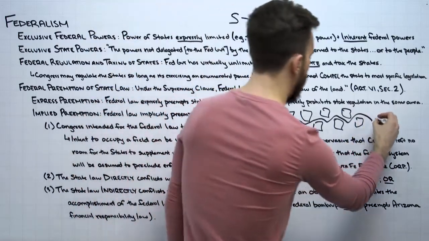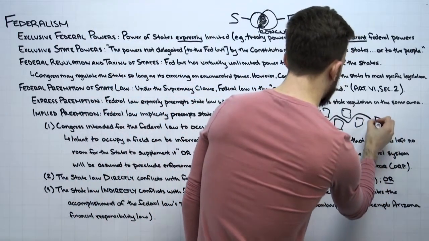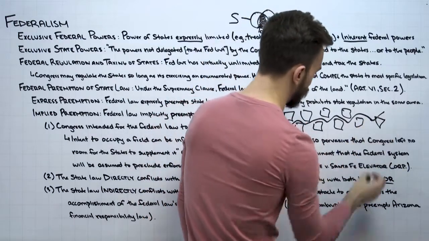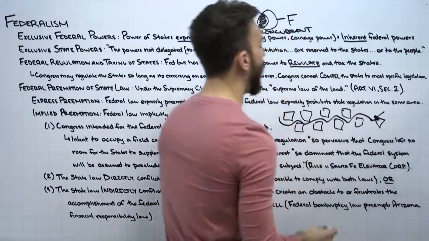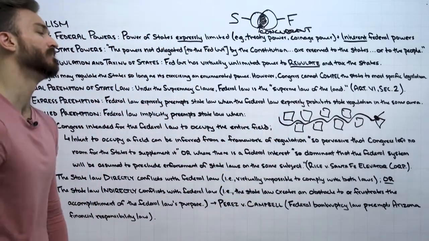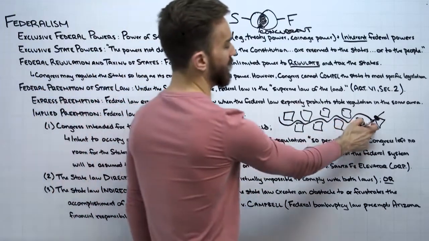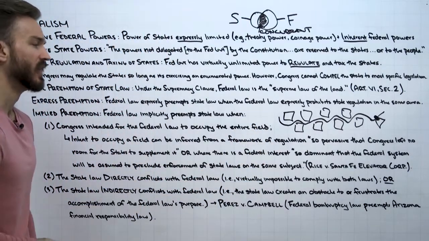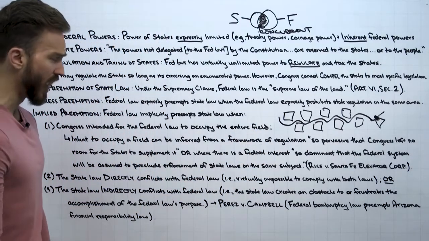So imagine we have a field right here, and a state passes a law that cuts right across it. So in this area, we have the state coming in and touching on a field that is already regulated by Congress or the federal government.